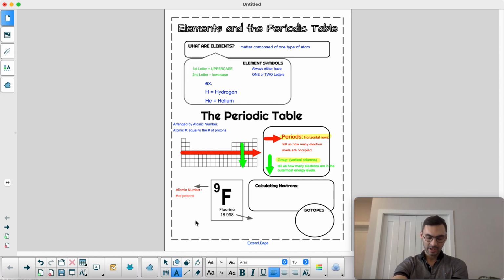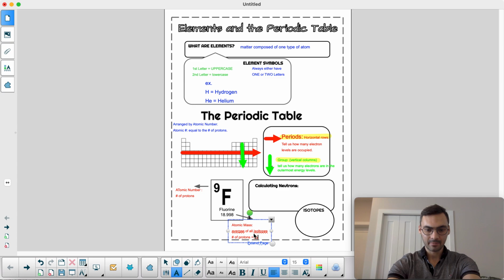Then we have the atomic mass at the bottom. So this is this number at the bottom here. Atomic mass. Fancy word for saying the average of all isotopes, or the number of protons and neutrons in the atom.